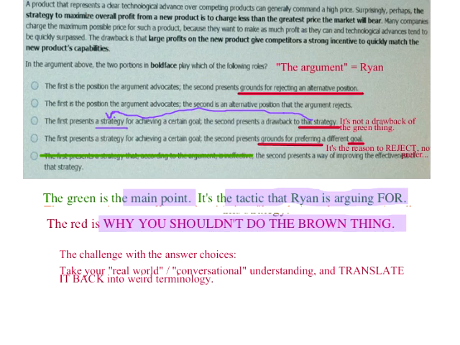Okay, so we need to differentiate between this and this. But again, if you understand the Ryan thing, then you know which one this is. The question is, is it the other strategy that Ryan is saying is wrong, or is it the reason why it's wrong? Well, we discussed that the alternative position is not that statement.